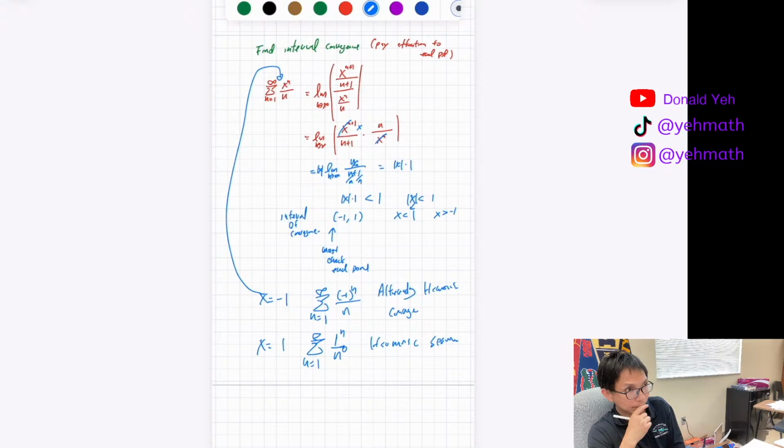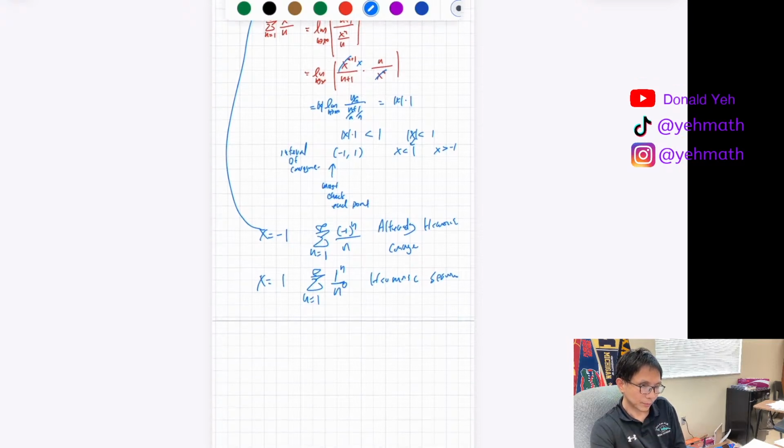Oh, yeah. Wait. No, p less than or equal to 1 diverges. For the p series, when p is greater than 1 it converges, and less than 1 it diverges.